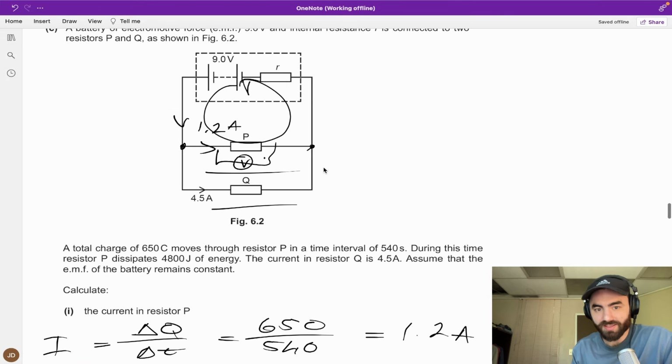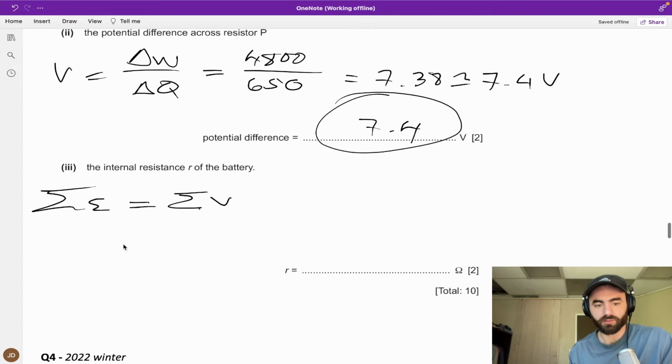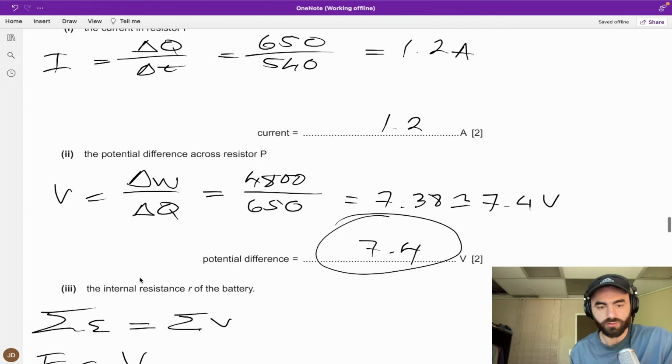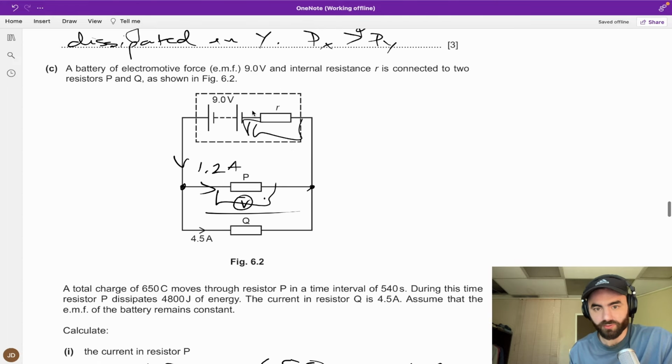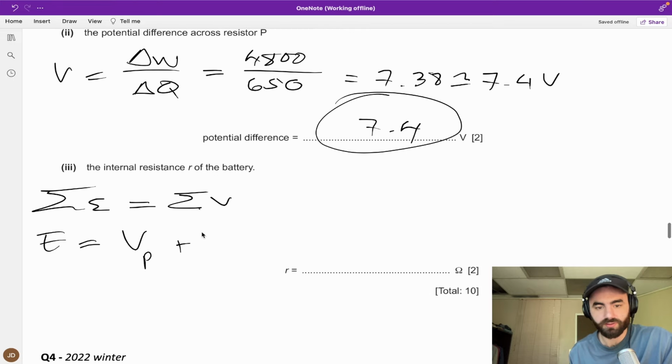The voltages are the same down both branches. But in this closed loop, E will equal the voltage across P plus the voltage across the internal resistance, VR.